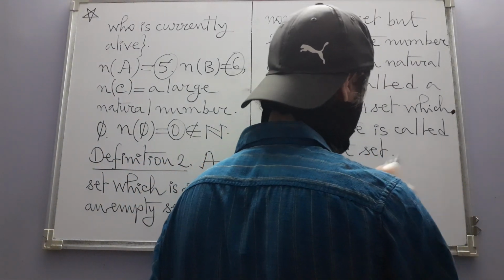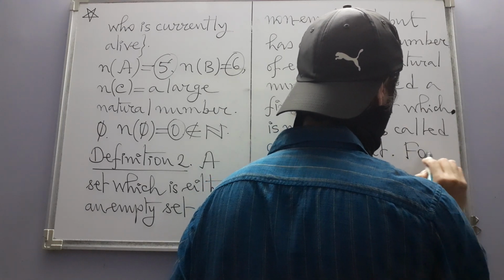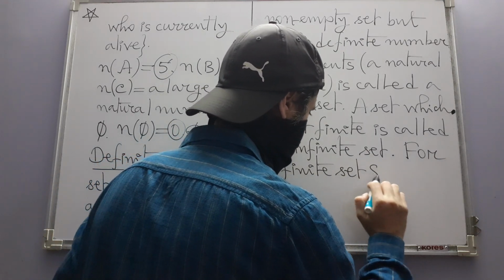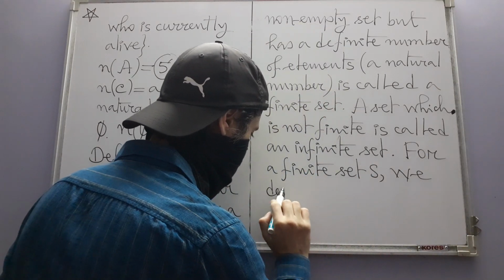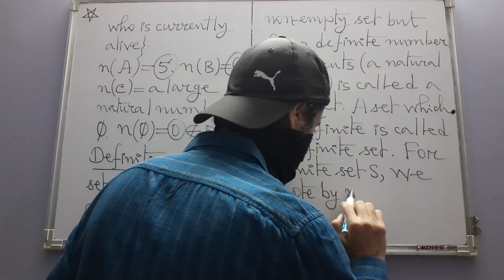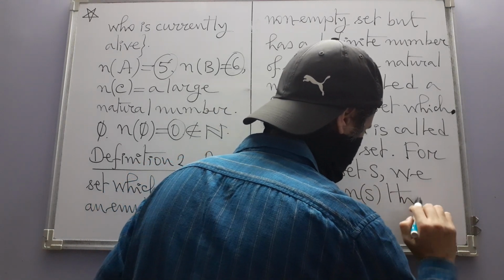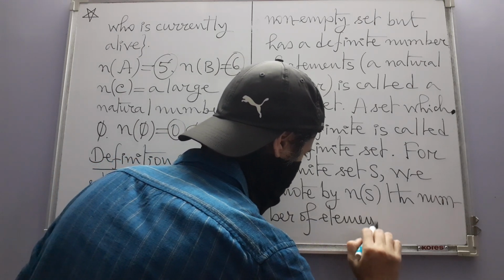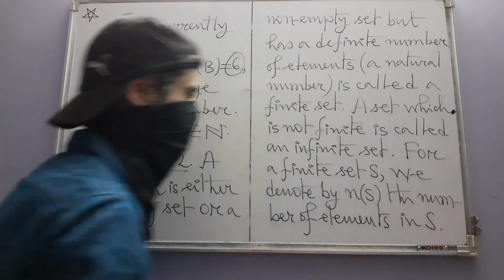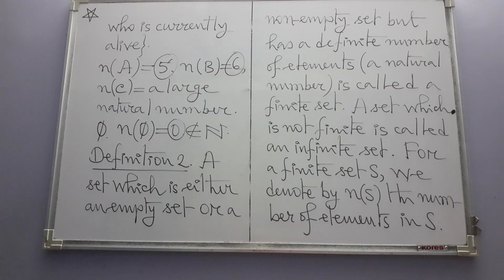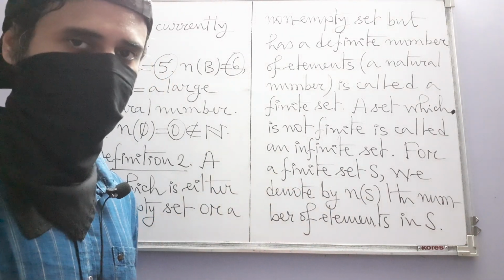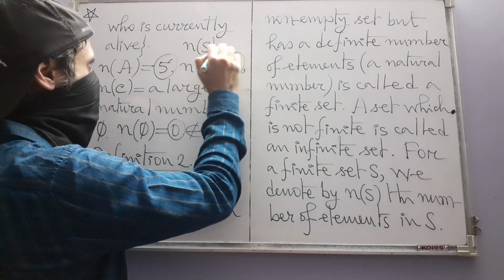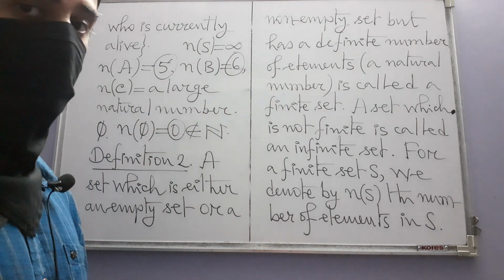But before leaving the definition, let's mention this also. For a finite set S, we denote by n(S) the number of elements in S. Well, if S is infinite, then also you can use this notation n(S) to denote the number of elements in S. In that case, however, you will always get n(S) is infinity.